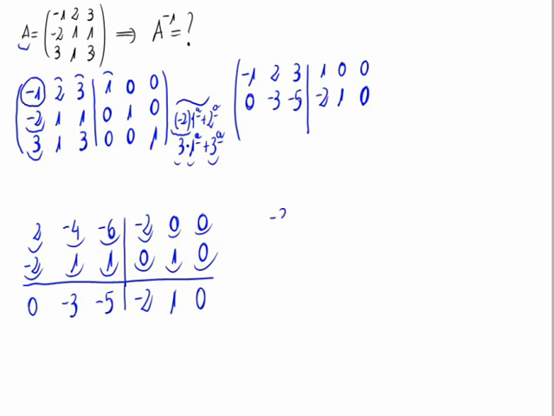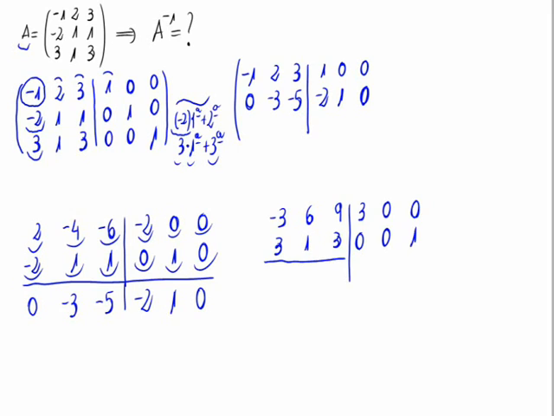Now we do 3 times the first row plus the third row. 3 times -1, -3; 3 times 2, 6; 3 times 3, 9; 3 times 1, 3; 3 times 0, 0; 3 times 0, 0.